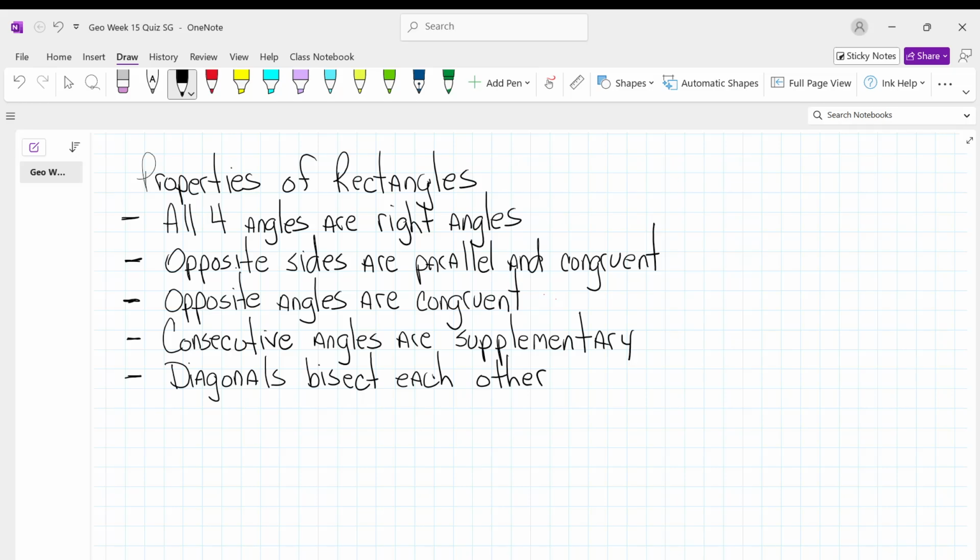So let's look at that real world example on the bottom of page 423. And we're going to apply these rules to find segment lengths and angle measures inside of a rectangle.